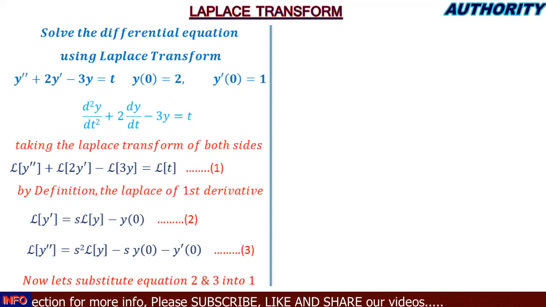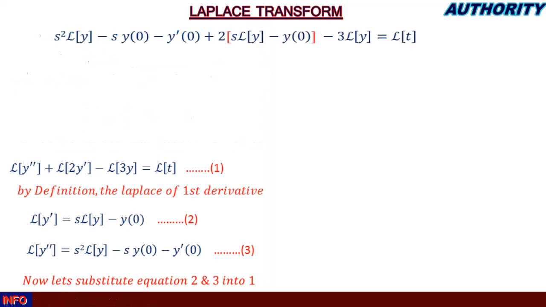Where we have the Laplace transform of y'', we substitute equation 3, and where we have the Laplace transform of y', we substitute equation 2. Doing so, we have s² times the Laplace transform of y, minus s y(0) minus y'(0), plus, where we have the Laplace transform of 2y', we bring 2 out and put in brackets s times the Laplace transform of y minus y(0), close the bracket, minus 3 times the Laplace transform of y, equal to the Laplace transform of t.